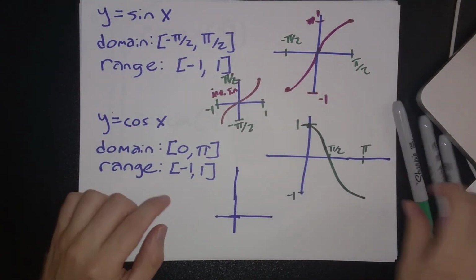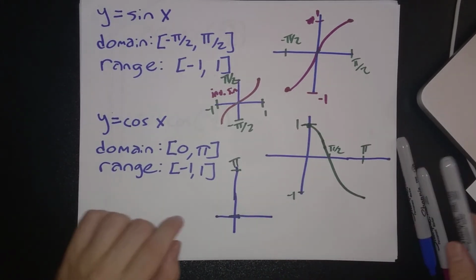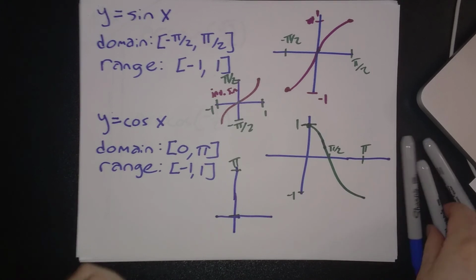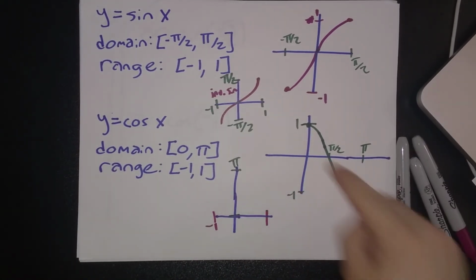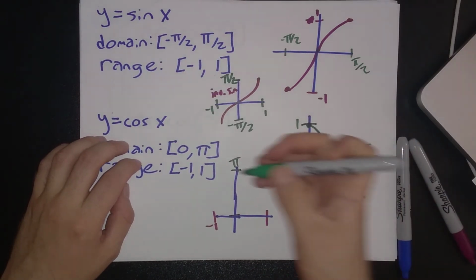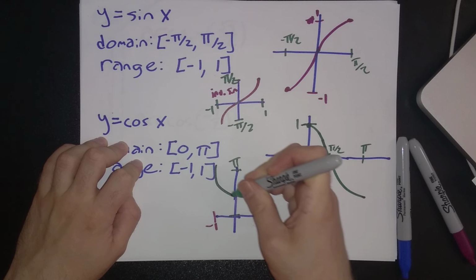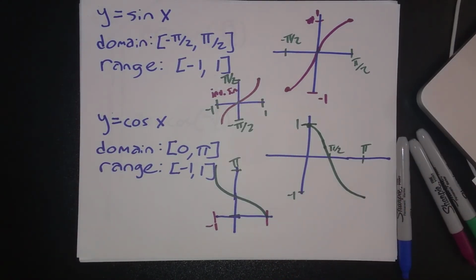So the range now is going from 0 to pi. The domain is -1 to 1. And reflecting this, we end up with this kind of function here for the inverse of the cosine function.